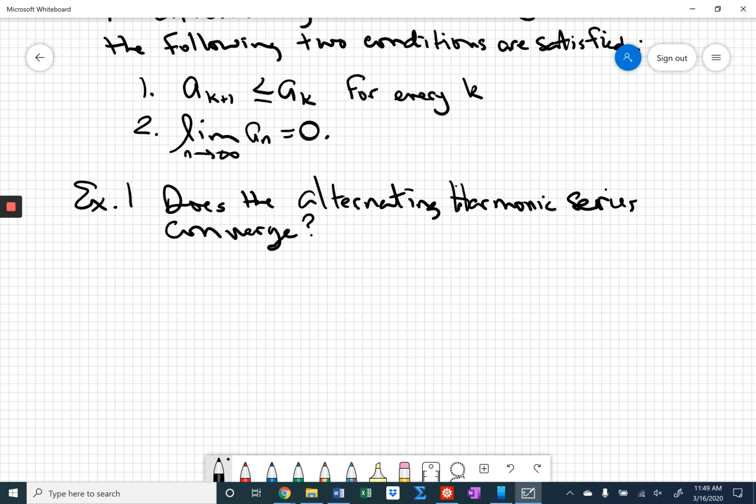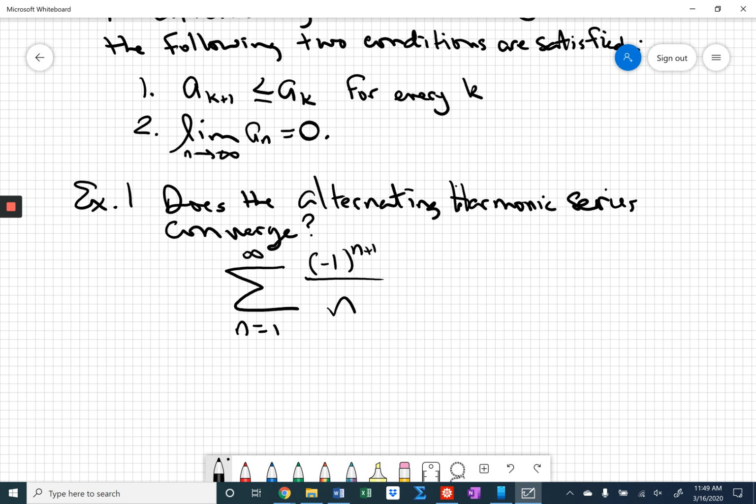And there's a couple different versions of the alternating harmonic series. You could start on the positive or start on the negative, and we're going to start on the positive. So we're going to use this version of it.